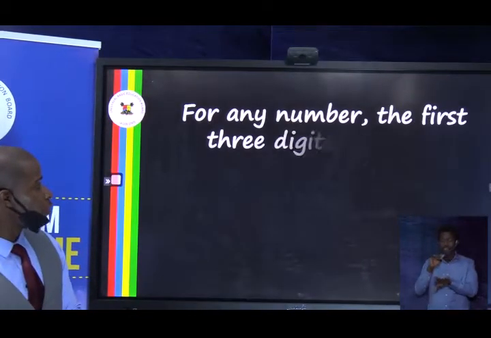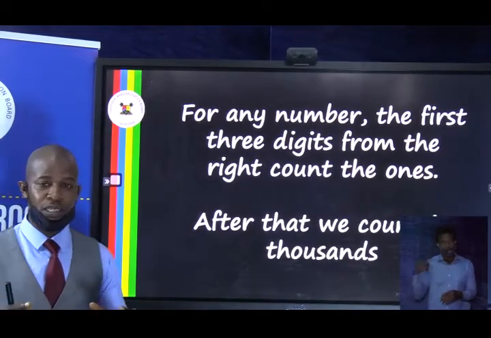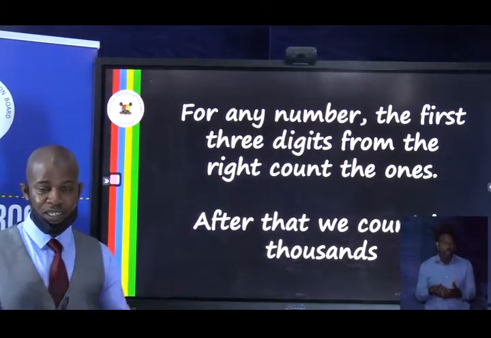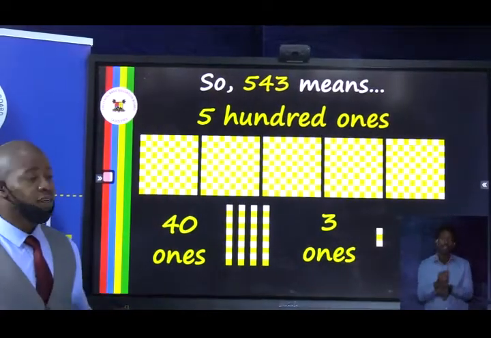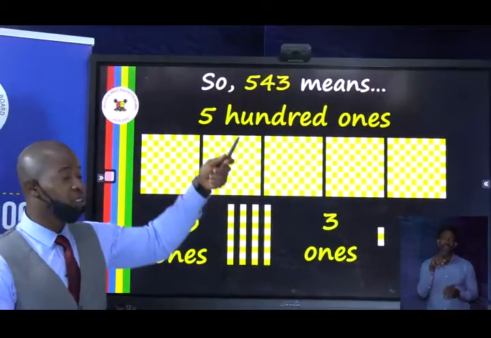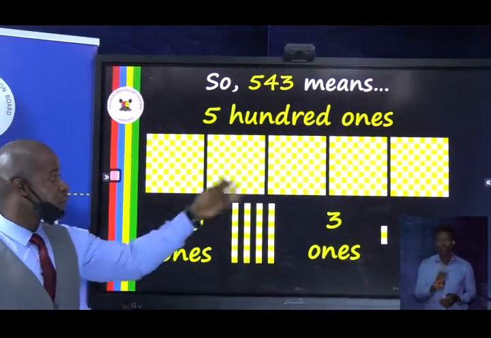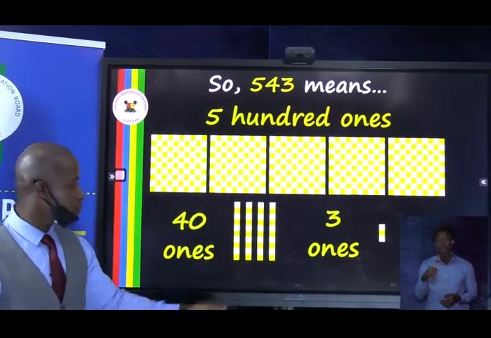Okay, putting that at the back of our mind, we use this idea of hundreds, tens, and ones to read any number that we want to read. For any number that is more than 3 digits, previously we were looking at 543, which is just a 3-digit number, and you can read it: 543, which is 500, 4 tens, and 3 units.